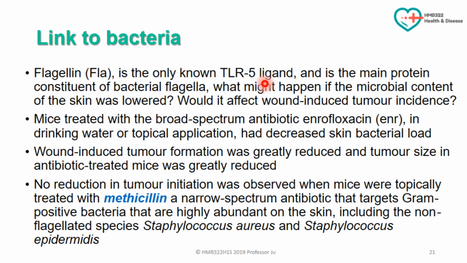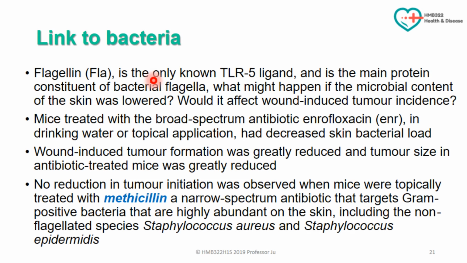And the reason why we're interested in TLR5 is that flagellin is the only known ligand for this toll-like receptor, the one that we just knocked out. And it's normally found on bacteria that have these flagella. So if you think a little bit about this, one of the easiest ways to test this hypothesis is that mice, just like us, have bacteria growing on their skin.